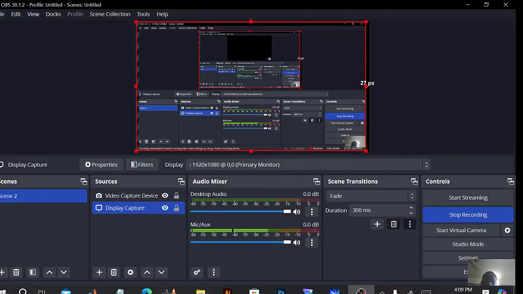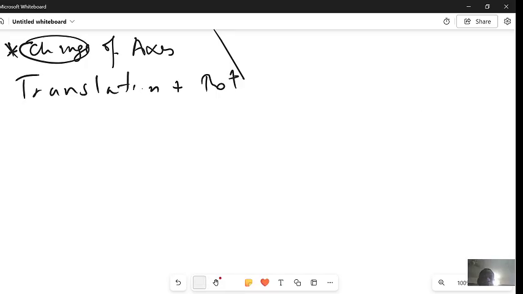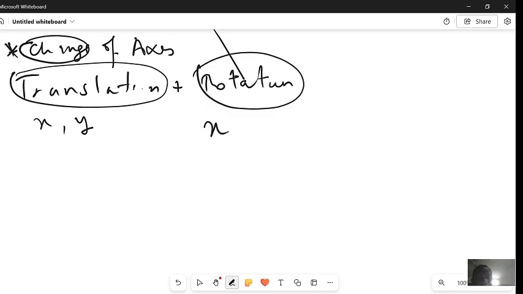First we do the translation to get the coordinates, let's say XY, and then we do another rotation to get the coordinates X prime, Y prime. We use the same formula.